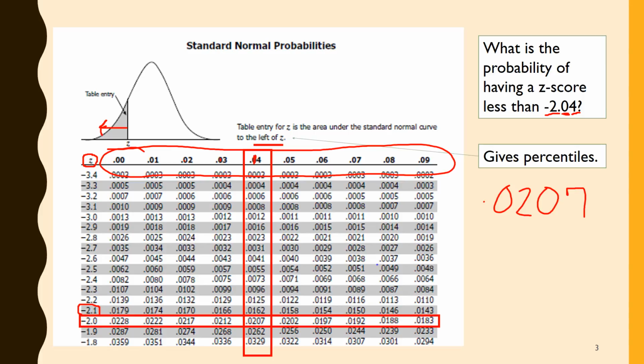But say you want to know what the percentage is, so you can move this decimal place over twice, and so you get 2.07%. So we can say the probability of having a z-score less than negative 2.04 is 2.07%. We can say the percentile for a z-score of negative 2.04 is 2.07%.